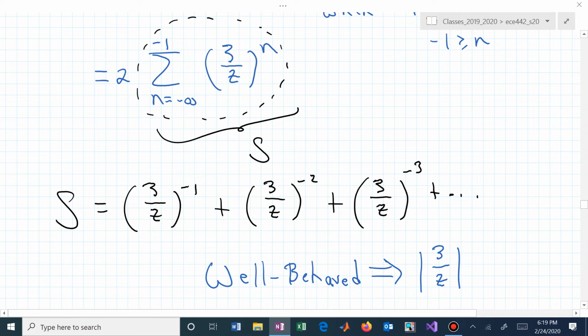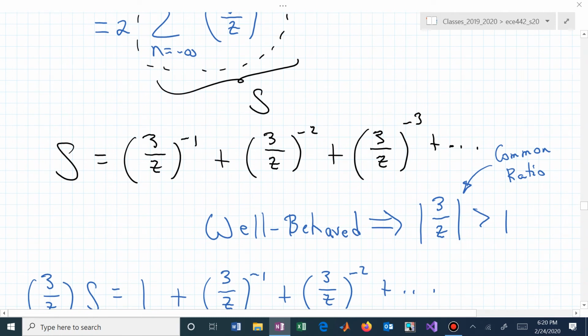What do we need to be in the denominator if we want this tail to start getting smaller and smaller? We need that 3 over z factor to be bigger than 1, don't we? So to be well behaved, we want this to be bigger than 1, and this is our common ratio.